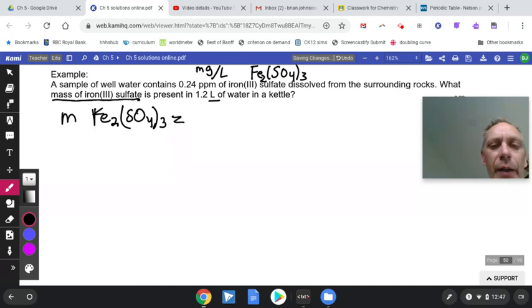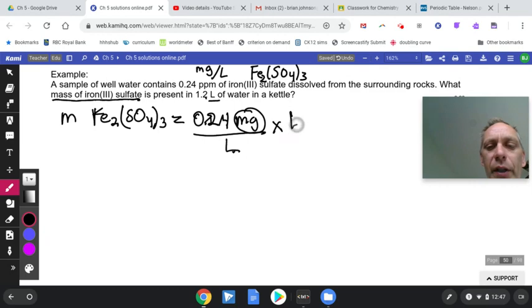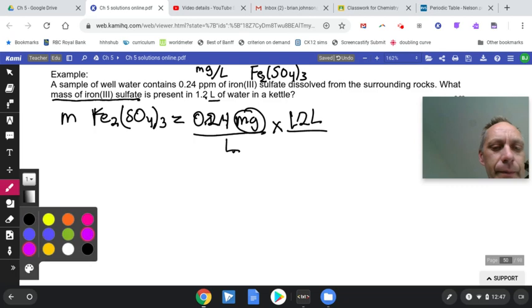So I'm looking for grams or milligrams, so that's what I'm going to put on top. 0.24 milligrams per liter. Now I just want the milligrams, so we just have to get rid of the liters, and there's how we do it. And we put it on top so that the liters cancel out. And we are left with milligrams.